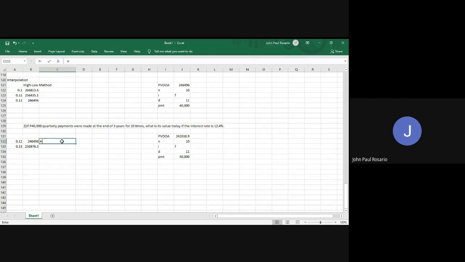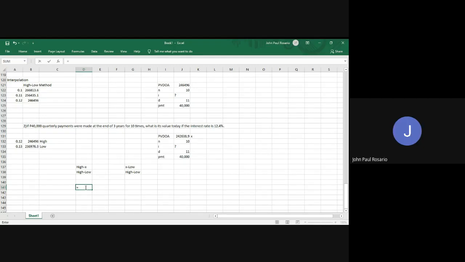We will set this value as our high and this is our low and this is our X. So the formula for the high-low method is either high minus X over high minus low, or X minus low over high minus low. So, you need to follow which is high or low, whether we look at the interest rate or at the amount. Follow?